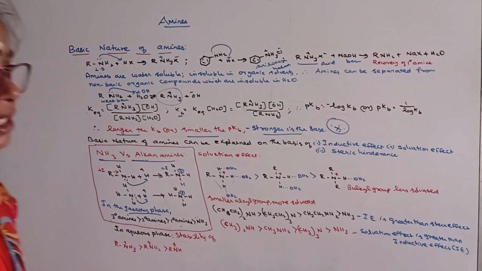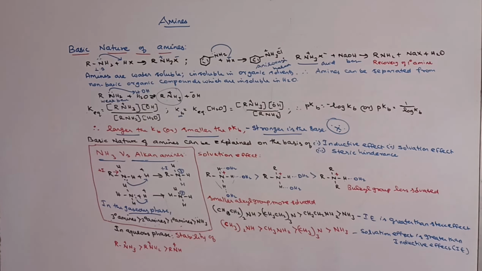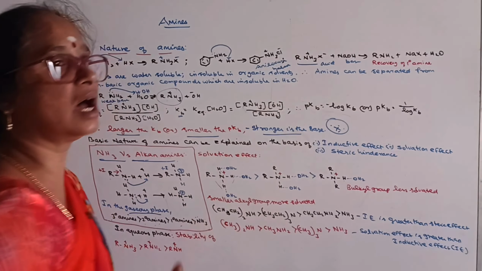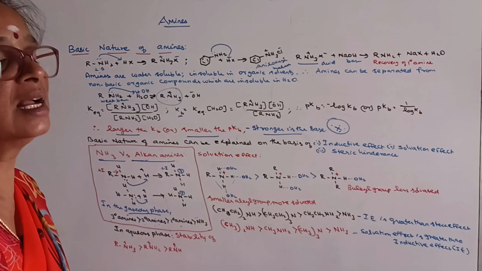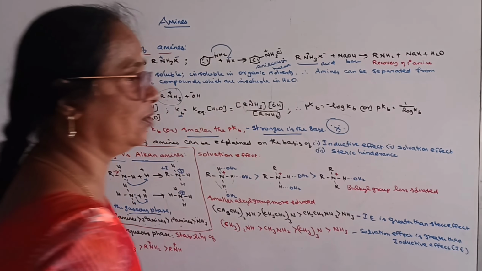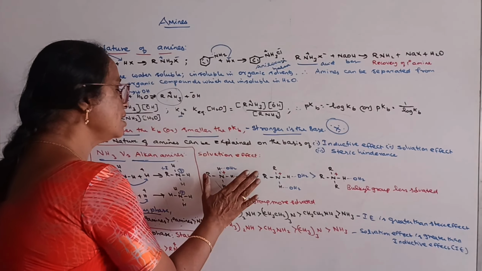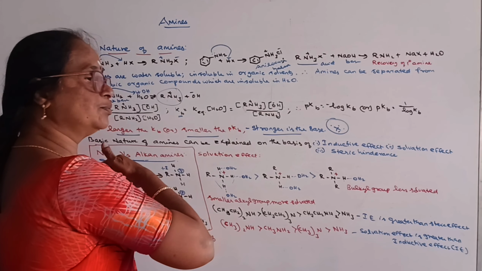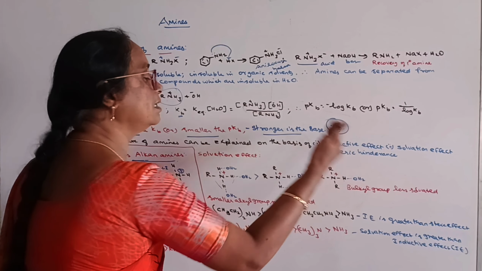At the same time, if the size of the alkyl group is larger, its solvation effect will be smaller. If a bulky group is present, it becomes less solvated. So based on the solvation effect, primary amines are more basic than secondary or tertiary.